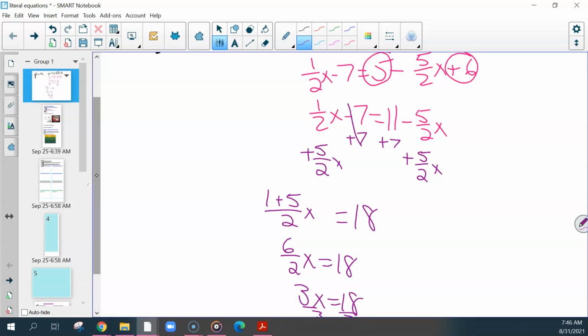Okay, so don't let the fraction freak you out. When you distribute that 3 to the 5, 6, think about that 3 as a whole number. It has a 1 underneath. So we could think about it as a fraction, and when we multiply fractions together, we're just multiplying straight across.